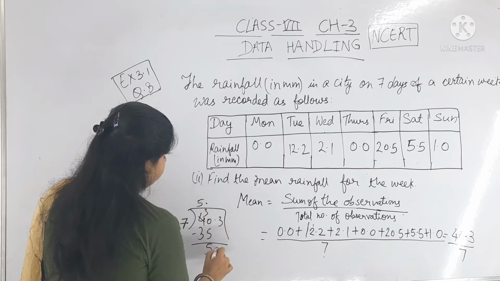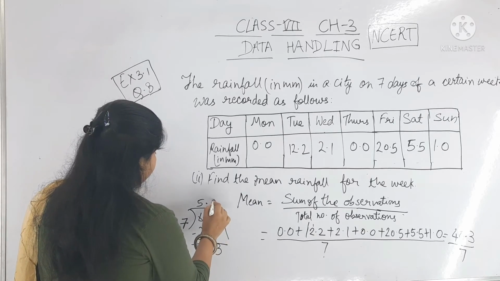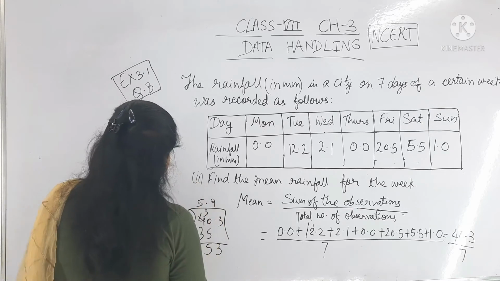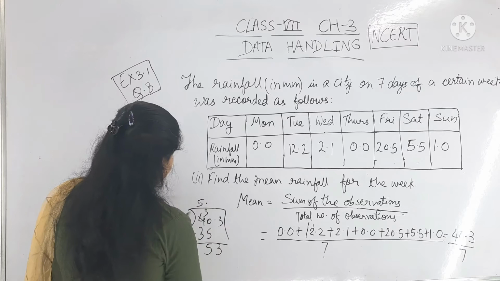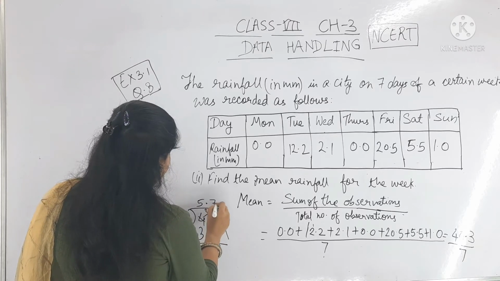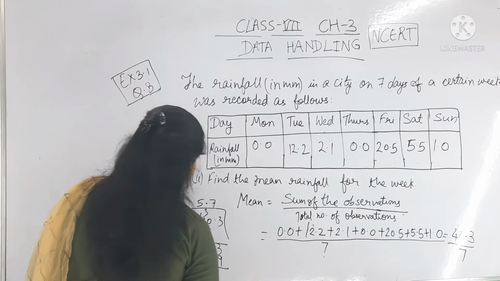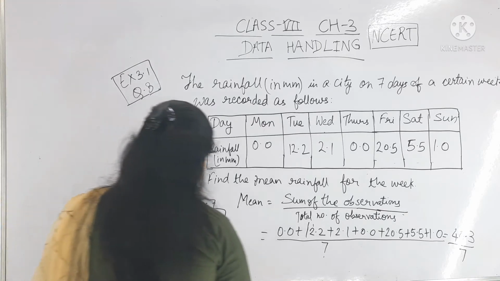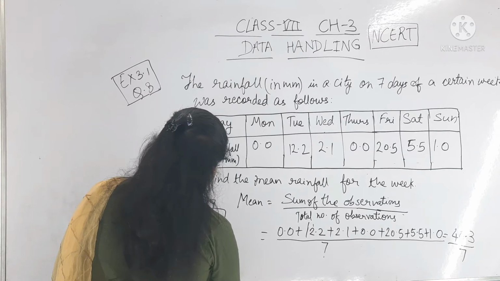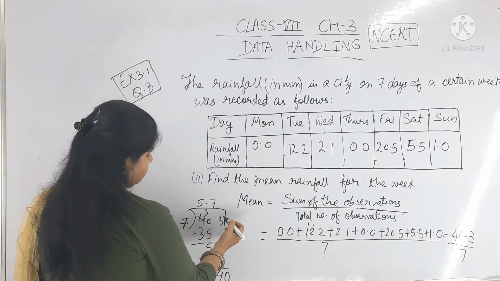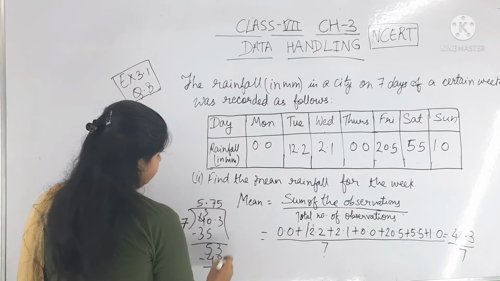Now 0.53. 7 9s are... 7 7s are 49. 7 5s are 35.